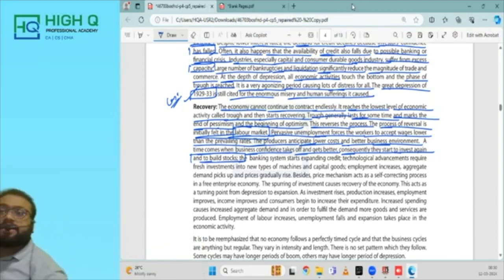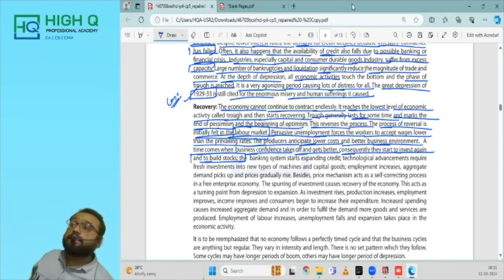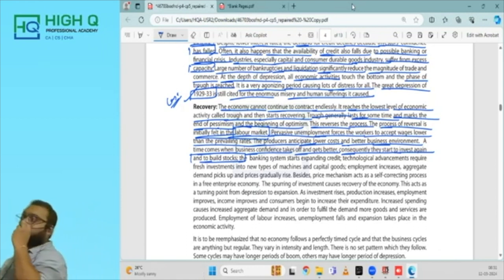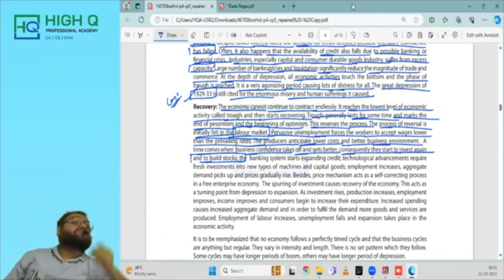Production started. Now tell me, if the production is there, demand is there. Am I right? Now I am ready to take loan from the bank. Why? Because production is there, sale is there. So I am ready to make more goods. Yes or no? And right now I am getting a good bank rate.